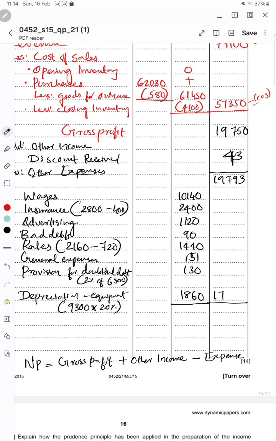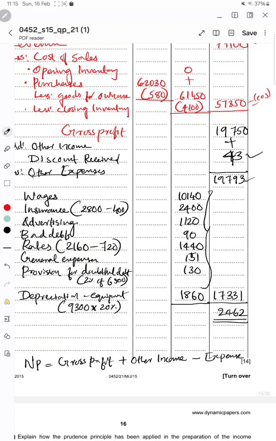So you will get 17,331. Okay, all these expenses together. Now apply the equation. Gross profit plus other income. We got the final amount here. Now deduct the expenses, 17,331. Then you will get net profit as 2462.